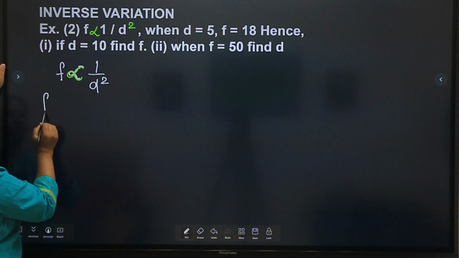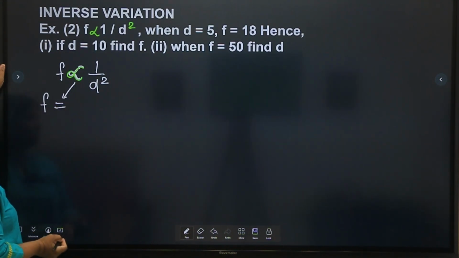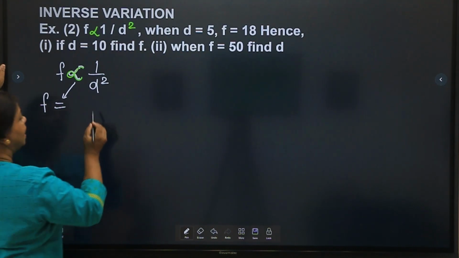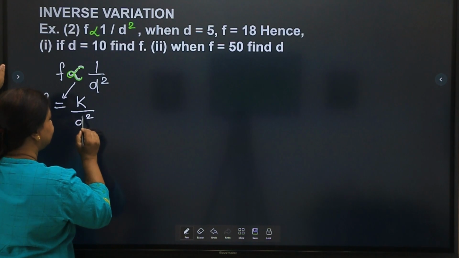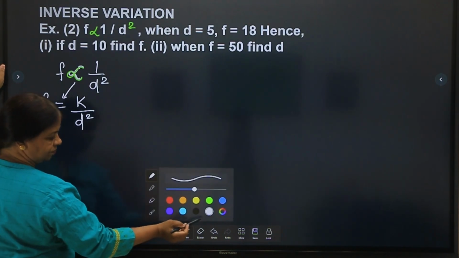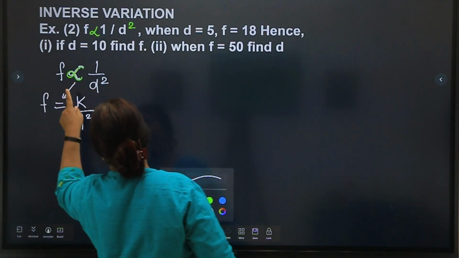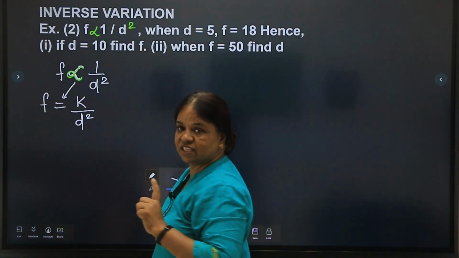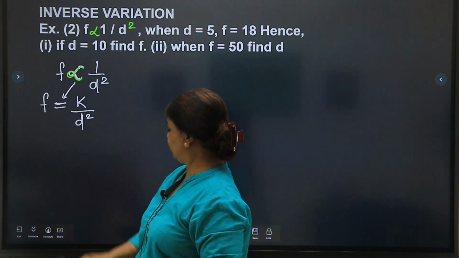So F is equal to, when I introduce the equal sign in place of inverse variation, then what will I write? K upon D square. Clear? K upon D square means when I am removing the inverse variation sign, I must introduce the equal sign.